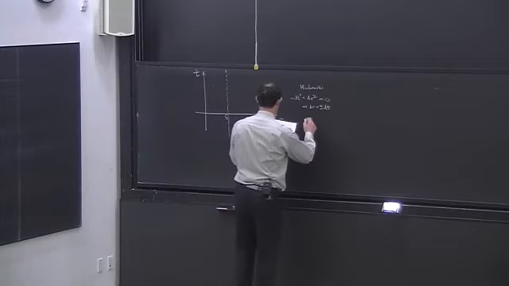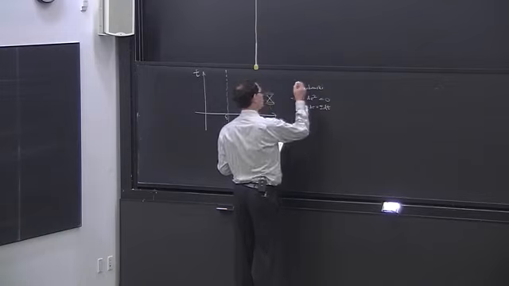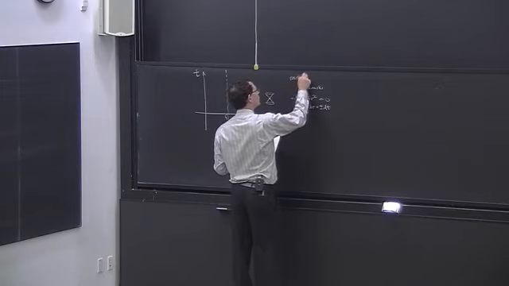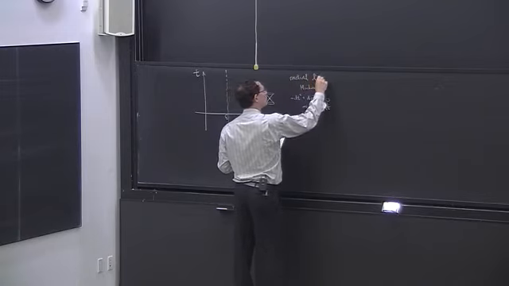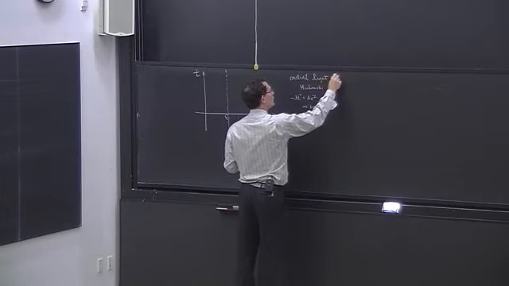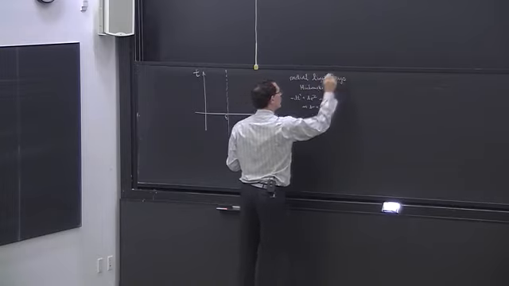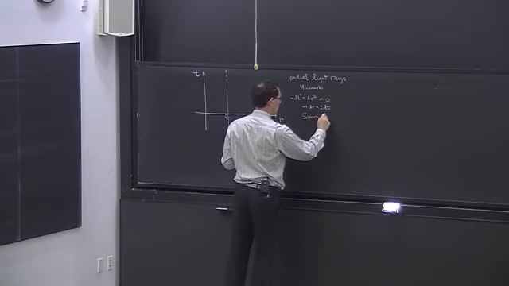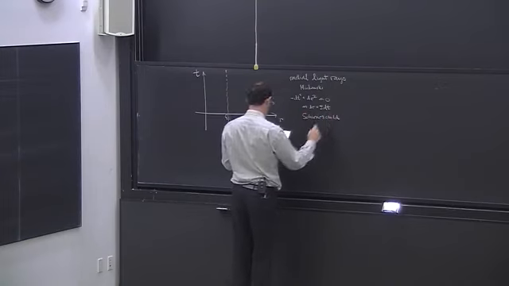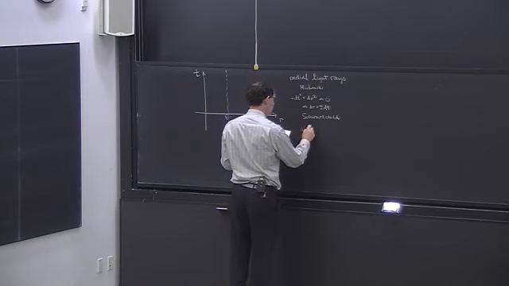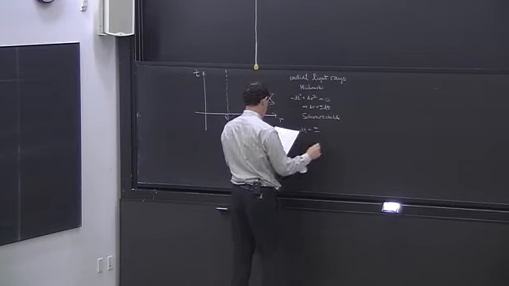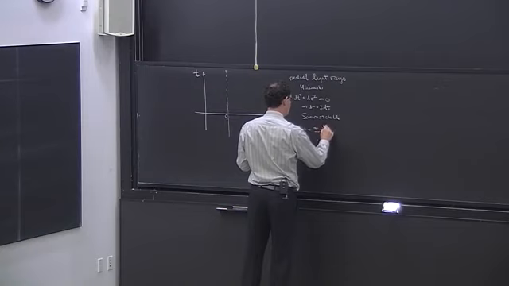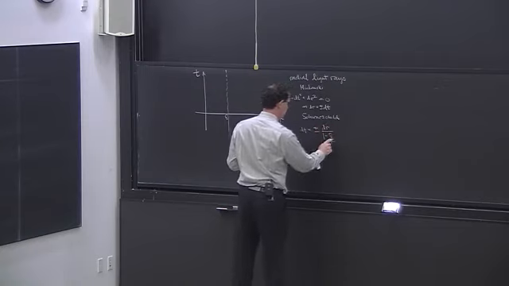So if we do it in Schwarzschild, these are radial light rays. In Schwarzschild, we have dt is plus or minus dr over 1 minus Rs over r.